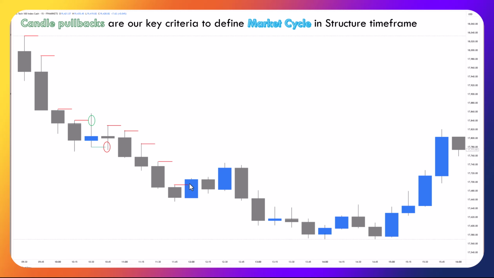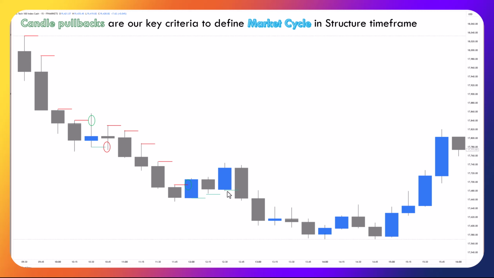Immediately as we have this break, it doesn't matter if the break is by candle close or shadow. You don't have to compare lows of the candles anymore. After this break, we're going to compare lows of the candles. So here is the end of the pullback.